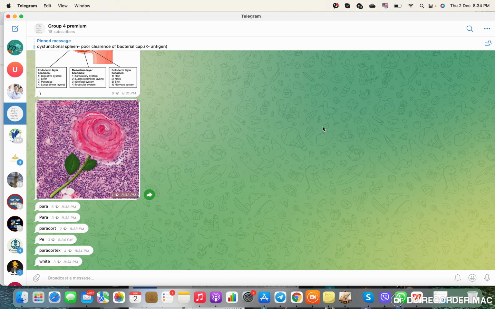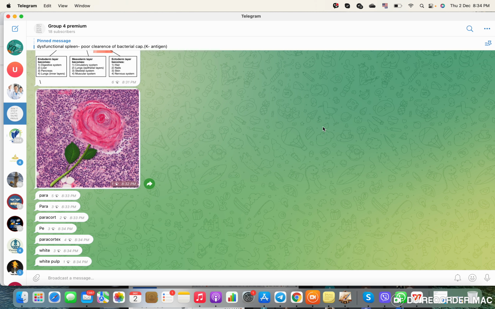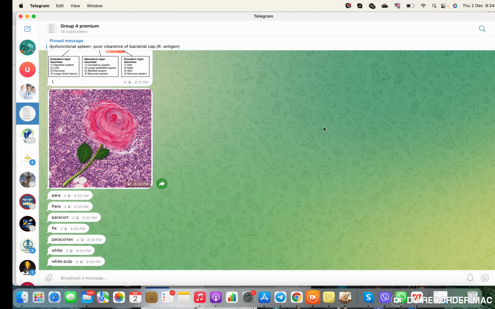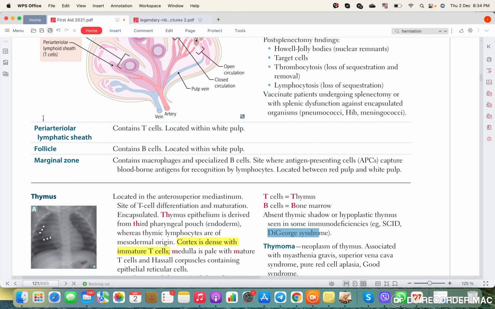There is no paracortex in the spleen. Okay, the white pulp. Excellent. The white pulp, which inside of it also has the periarteriolar lymphatic sheaths, which contain the T cells.